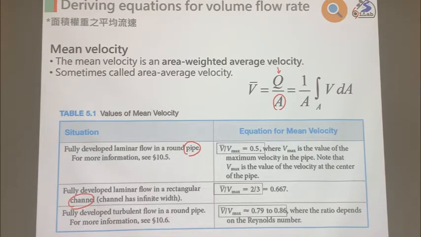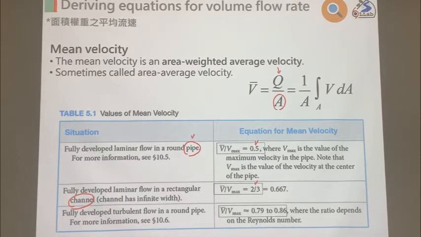If you understand the condition of the pipe flow, then we will see the ratio between the mean velocity and the V maxima is 0.5. In the other case, if we see the channel flow, then the ratio between the mean velocity and the V maxima is 3/2.